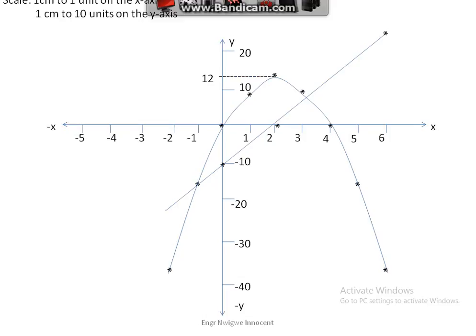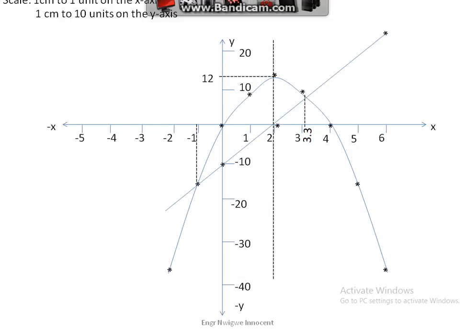From the graph, we are told to find the roots of the equation 3x(4 minus x) equals 0. To get the roots of the equation, we equate 3x(4 minus x) to 0 and solve for x.